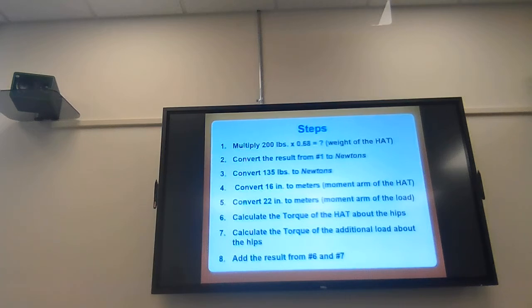Everybody good? Makes sense, actually. I mixed up the steps because I didn't have 5. I combined those. Okay, at least, good. Makes sense. How you doing? Good? Okay. All good up here?